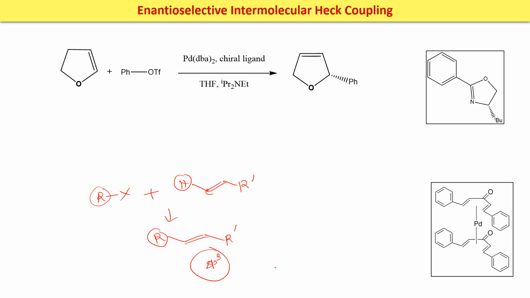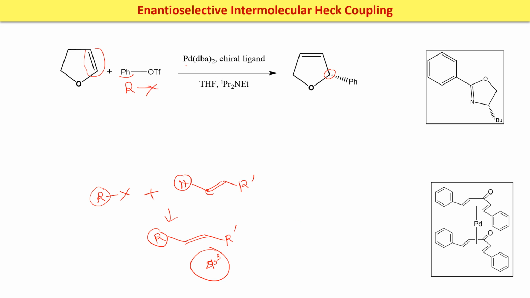So a chiral center is not possible. But what is happening in this particular example, if we see, is that this position of the C=C double bond is now changed. If you look at the product, it is shifted one position, and that is why now we are getting an sp3 carbon, and at that particular sp3 carbon this Ph which is added, which is basically our RX, we are getting a chiral center.